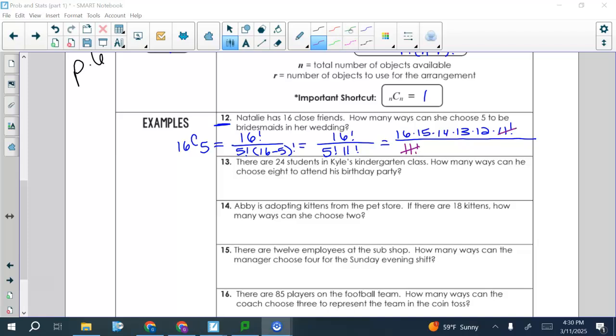However, the 5 does not cancel out, so we still have it over 5 times 4 times 3 times 2 times 1. So then in your calculator, multiply all the top and either push equals and then divide it by the bottom. But regardless, you're going to have to put the bottom numbers there in parentheses.